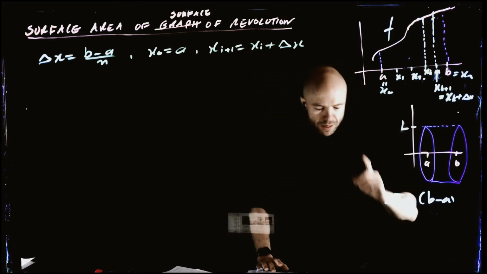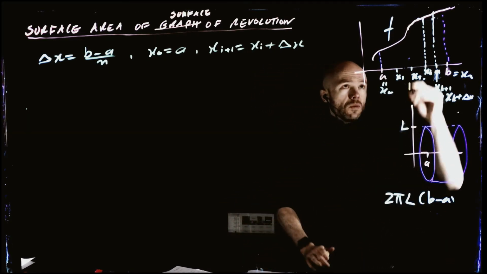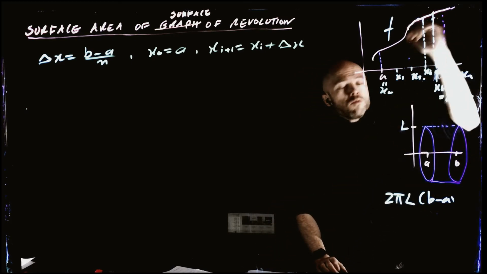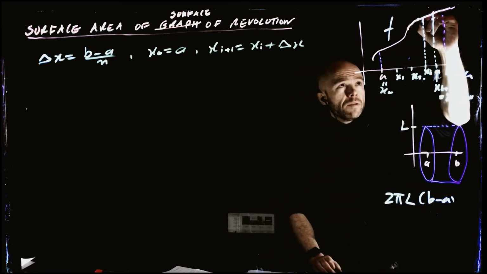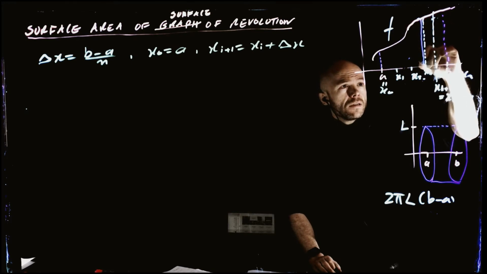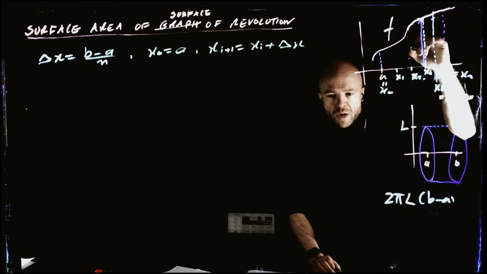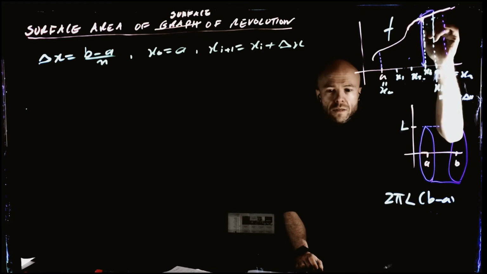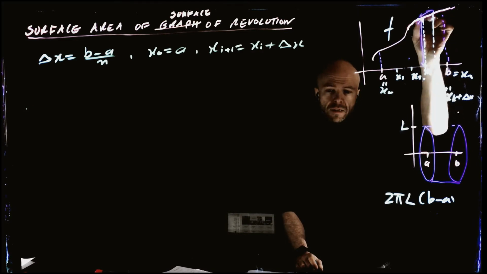Okay, so what do we see here? We see that the radius of the strip is basically given by this thing here. Right? That's the radius of the strip. And then what is the thickness? The thickness is given by this thing here. And notice that there's an angle here.